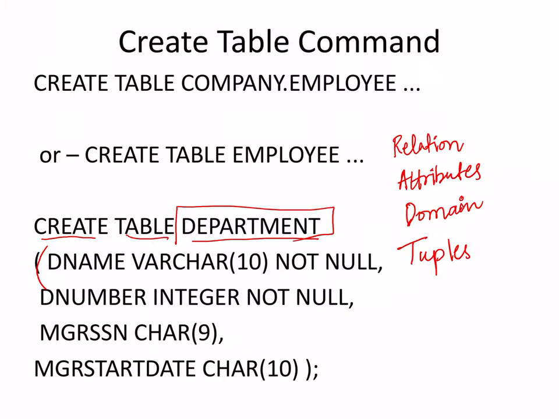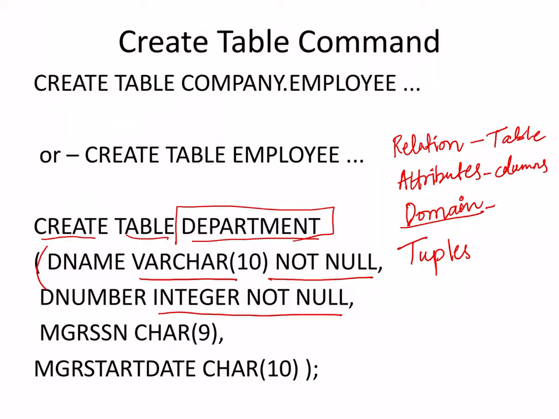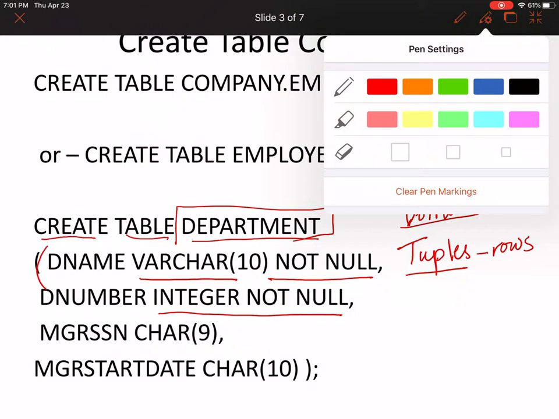When it comes to actually creating the database, relation is nothing but a table. Attributes are nothing but columns. Domain is something like varchar, not null: the definition of what kind of value the attribute can take is what is named as domain. Tuples are the rows. This is what you have to remember.